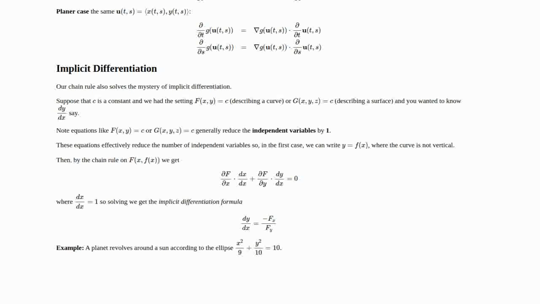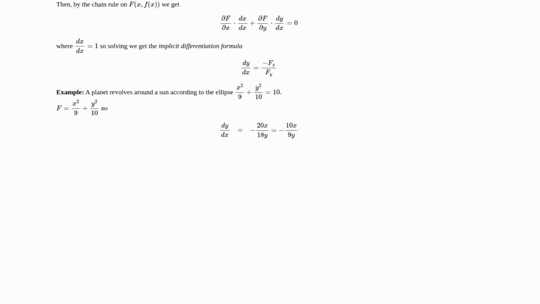Example: a planet revolves around a sun according to the ellipse x squared over 9 plus y squared over 10 is equal to 10. So then we have that F(x,y) is equal to x squared over 9 plus y squared over 10, and then we've set it to the constant c equal to 10. And so the implicit formula implies dy/dx is equal to minus the partial derivative in x over the partial derivative in y.